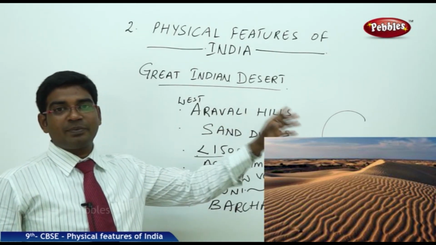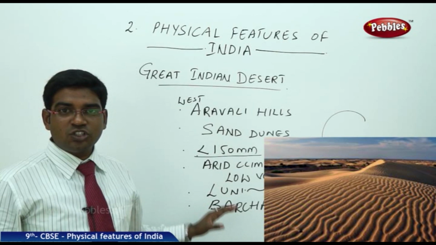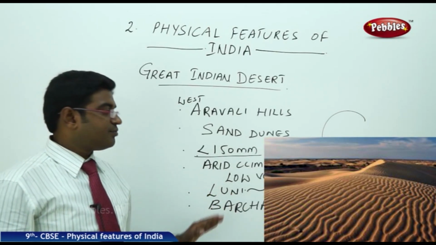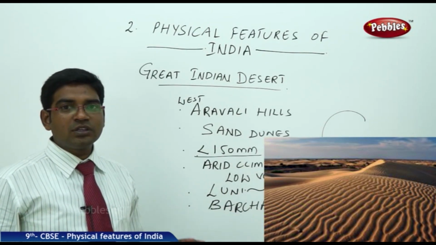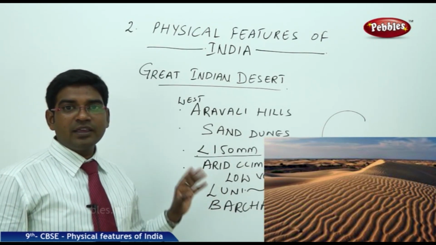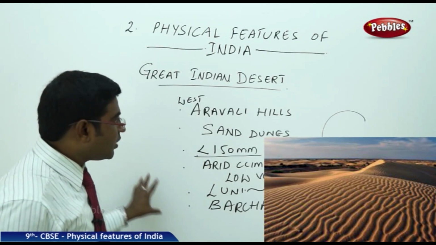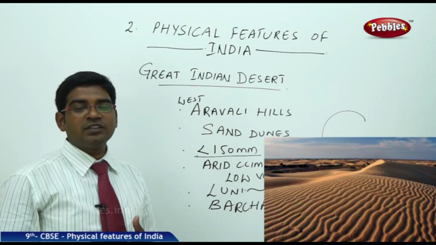Barkans, the crescent shaped sand dunes, are present, which are dominant on the Indian side. While we move on towards the border of Pakistan, we find the longitudinal dunes which are very common in the India-Pakistan border region. That is a special place where the average population is very less.